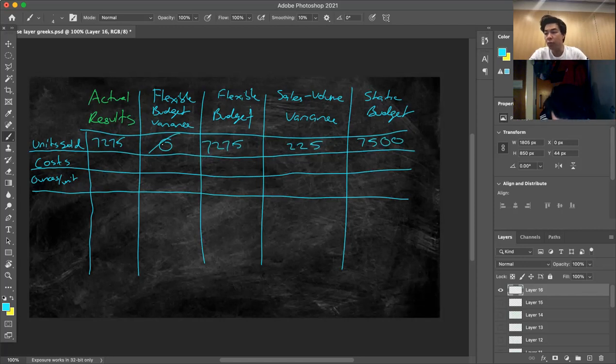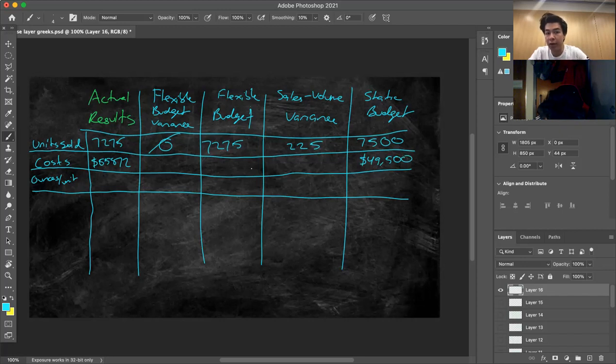Basically, the reason they don't give us that information for frames specifically is that we know we're using 1 frame per unit. Therefore, the units sold is going to be the same for frames. The cost they give us is 55,872 for actual results, and 49,500 for this one.